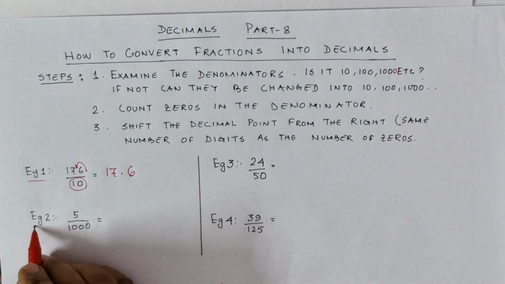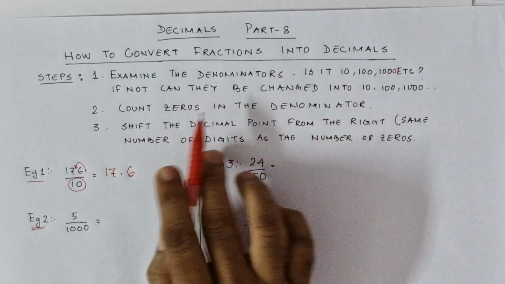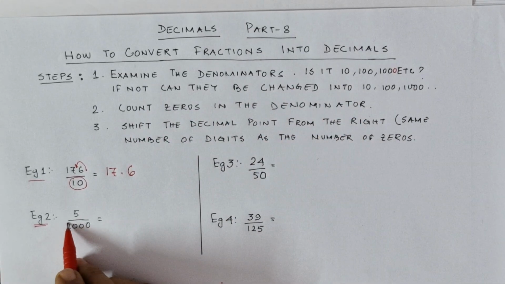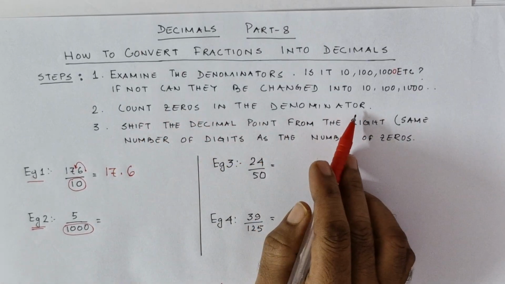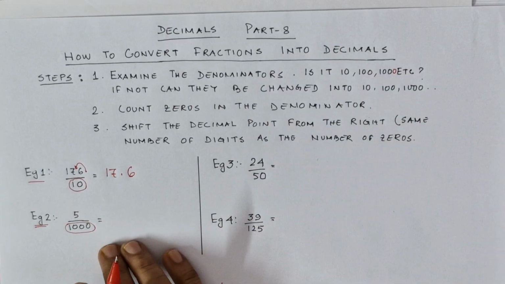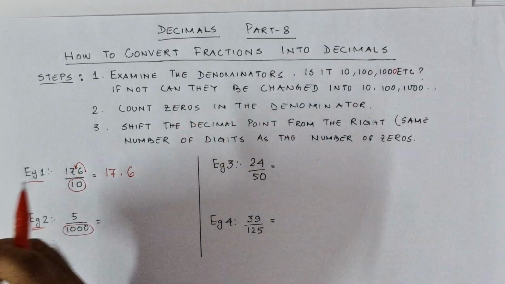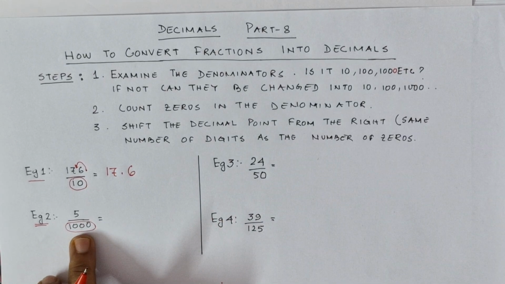Let us take example 2. See, 5 by 1000. So examine the denominators. The denominator is 1000. So how many zeros are there? Count the number of zeros in the denominator. So there are 3 zeros. So I need to shift the decimal from the right to the left. How many places? Number of zeros, 3 places.